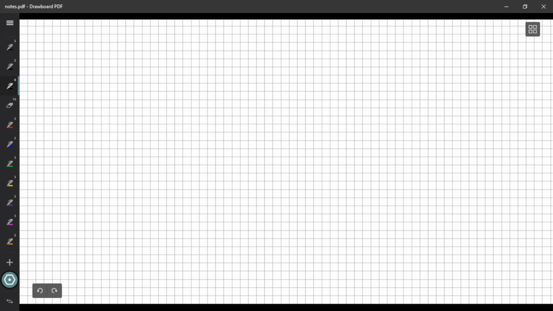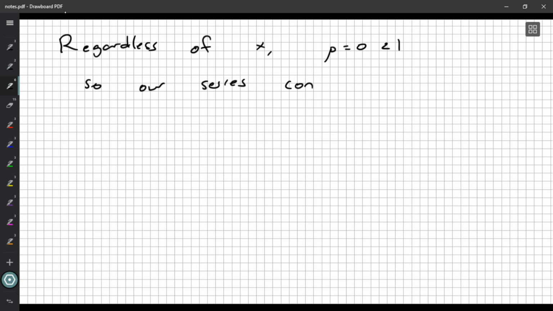So what does that mean? Regardless of x, rho is 0, which is less than 1. So our series, you could say, absolutely converges. We're just interested in convergence, period, because we want the interval of convergence.